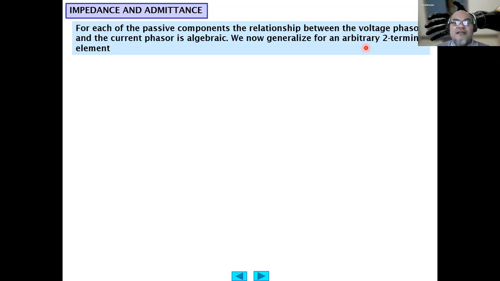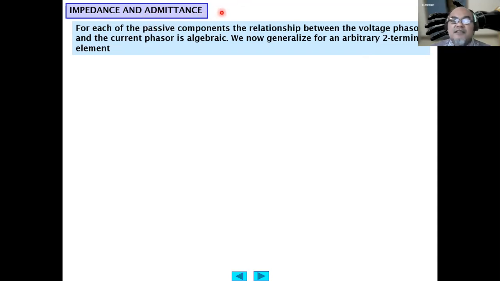In AC steady state analysis, we will introduce the concept of impedance, which basically resembles resistance in a DC network, and admittance, which resembles conductance in a DC network. However, now there is a factor of omega and j, and j will change the phase angle.